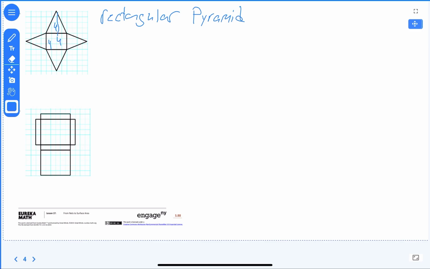Okay. So now we have 4 triangles, and I know that that is half the base times the height. Plus, I have one. Nope, can't do that. See there, Mr. Anderson, I about messed up because this is not a square.